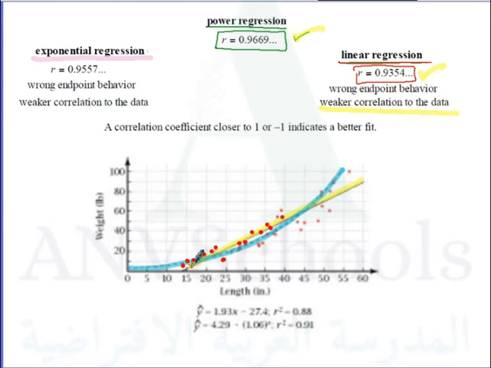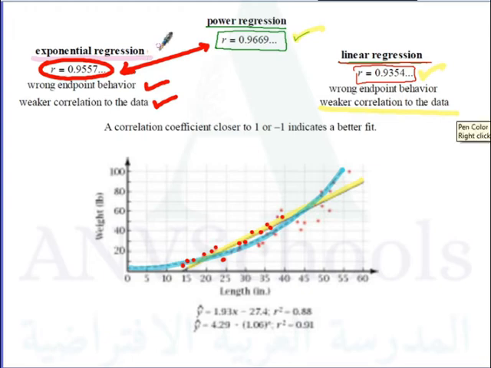We also have a weaker correlation to the data because our R is 0.9557, which is less than the R of the power regression.